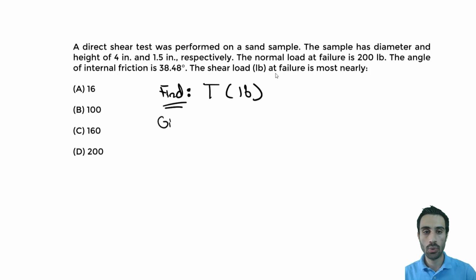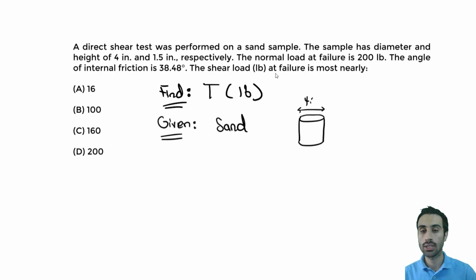So now let's denote what we're given. We're given a few things here. We know we're working with a sandy sample. It's sand. Also, we have a diameter. This is essentially a cross-section of a cylinder of the specimen, and it has a diameter here. What's that diameter? The diameter is 4 inches. That's given.